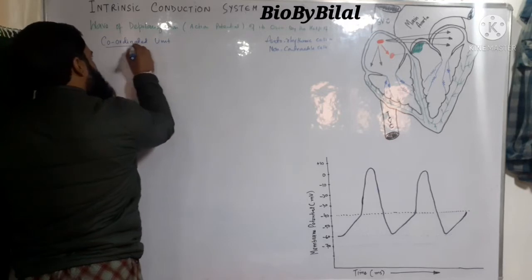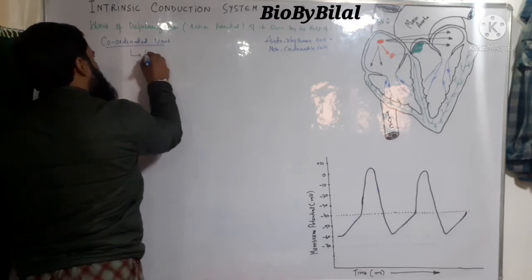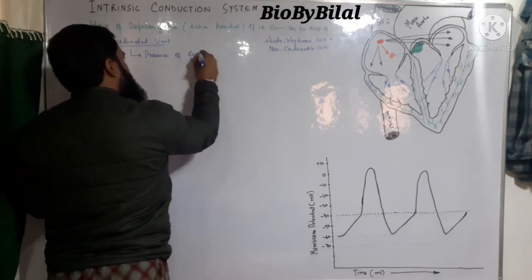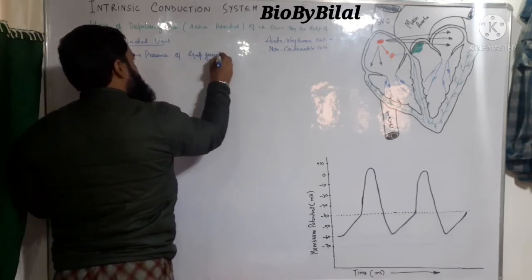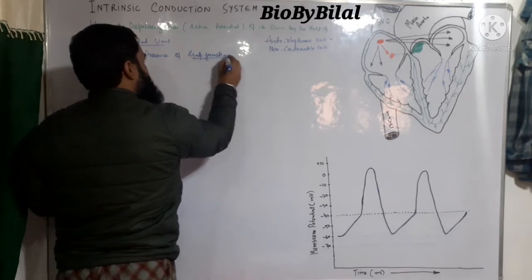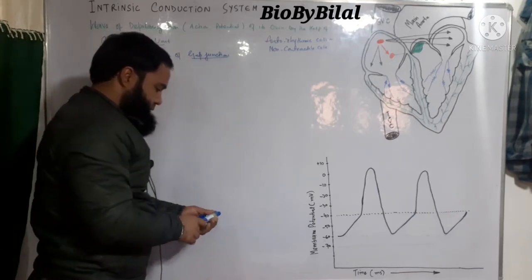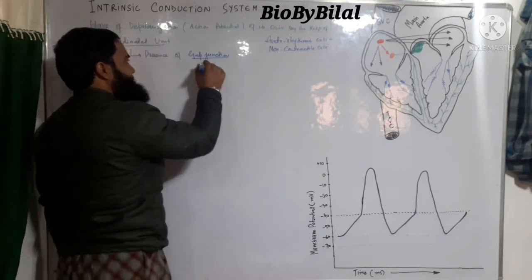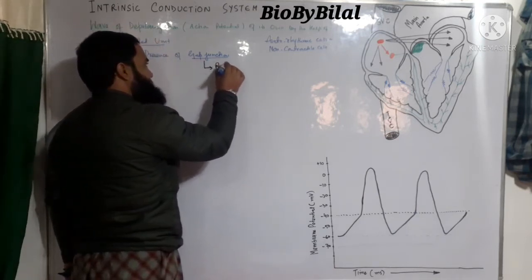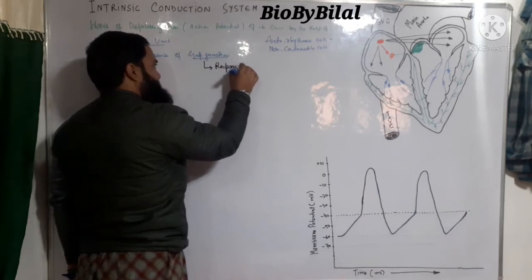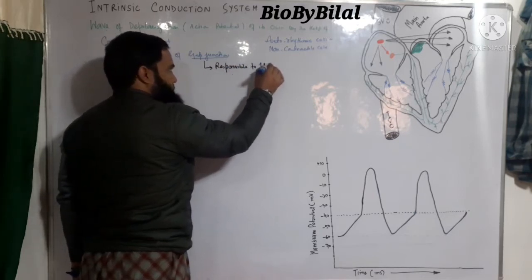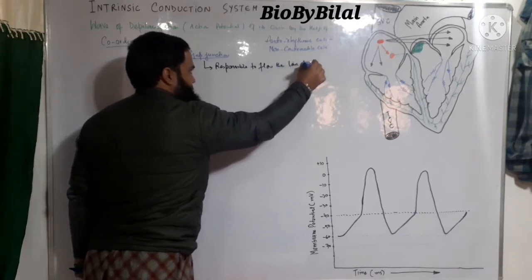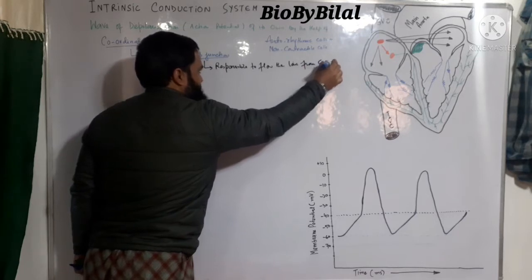It is only because of the presence of gap junctions. Gap junctions are the junctions which are responsible for the flow of ions from cell to cell.